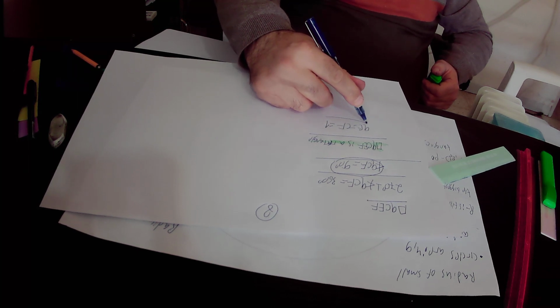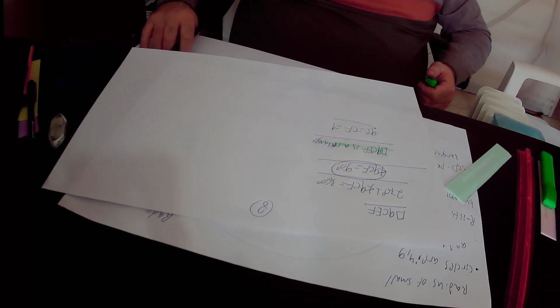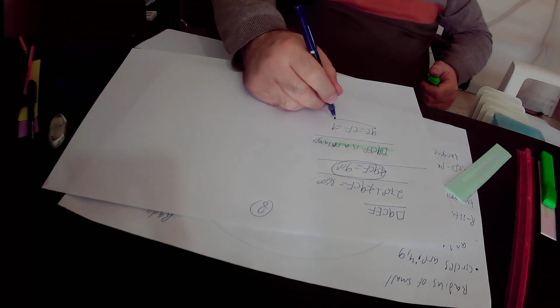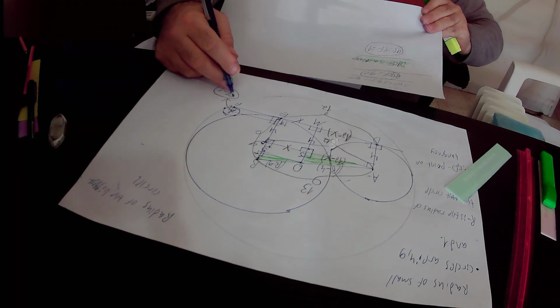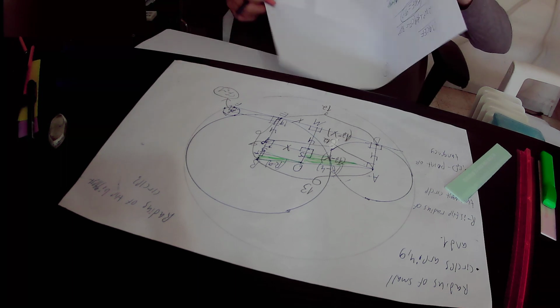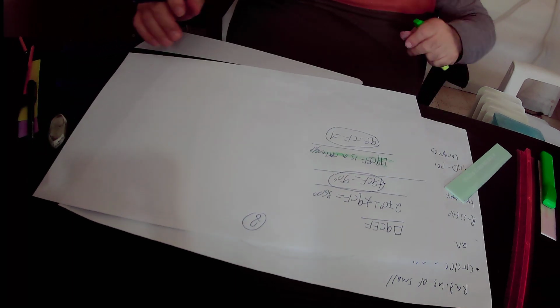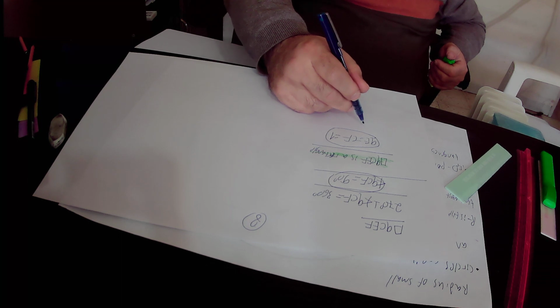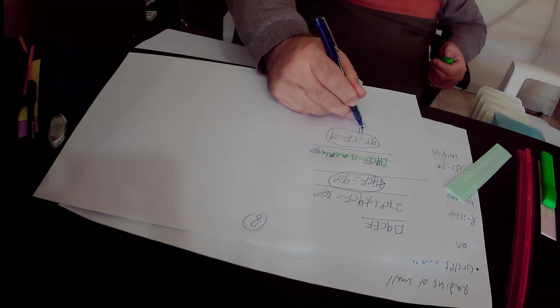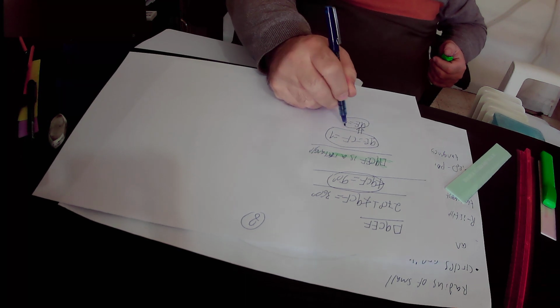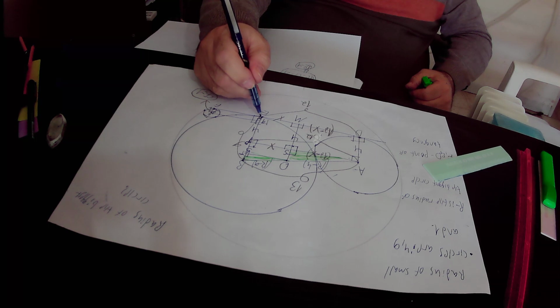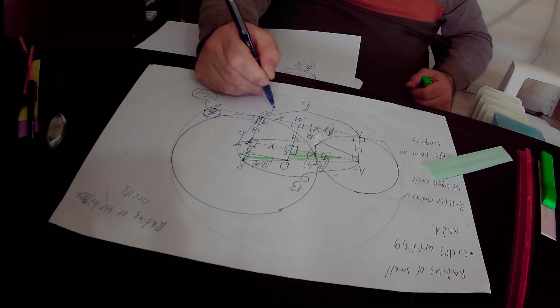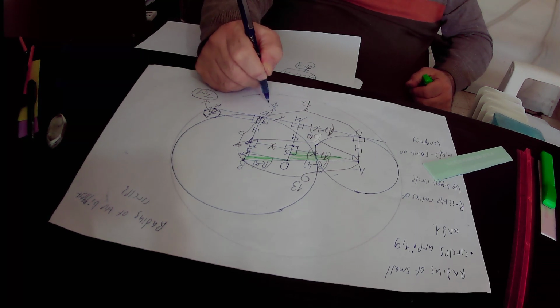It is the radius of the smallest circle. From this equation, QE equals CF equals 1, we will conclude that QE is also equal to 1.